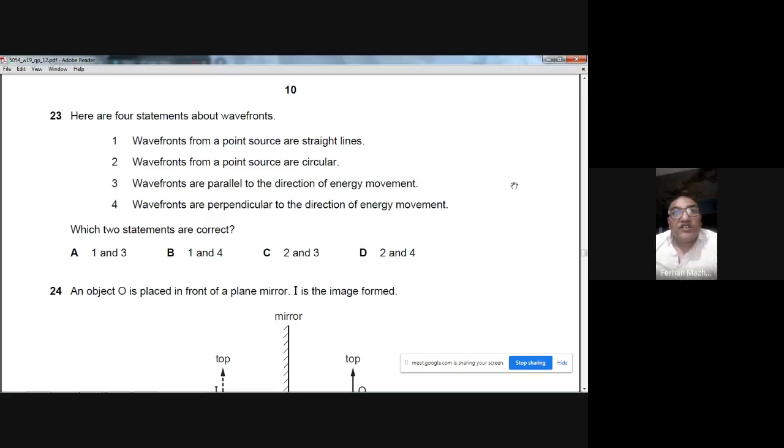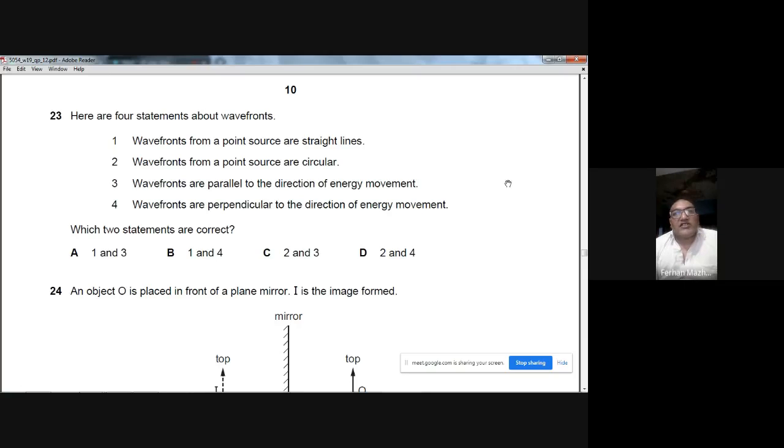So which statement is correct? If the waves are going this way, the wavefronts will be like this. They are perpendicular to the direction of the wave. So the second option is correct, that circular waves will be produced, and the fourth option is correct, the wavefronts are perpendicular to the direction of the energy movement.